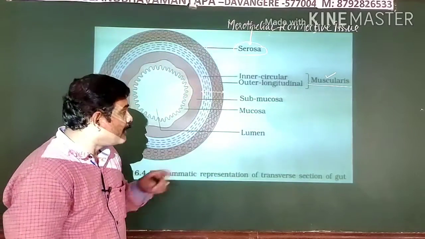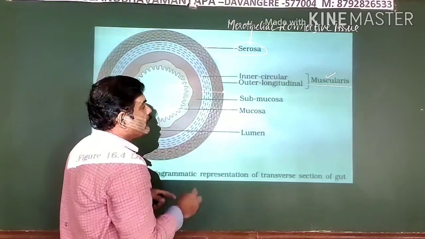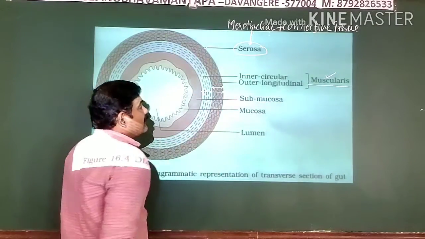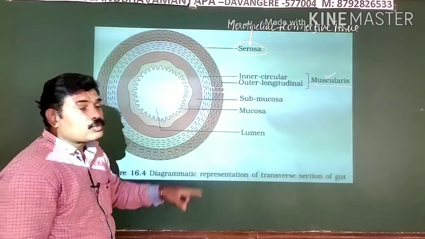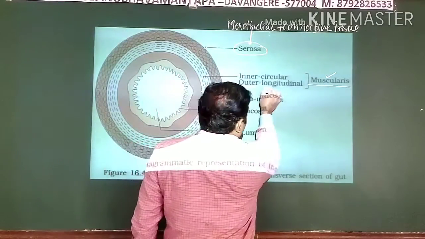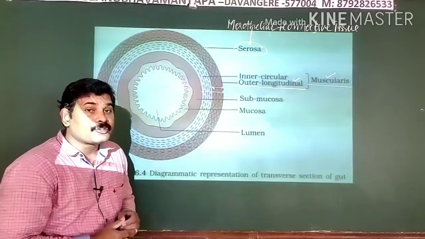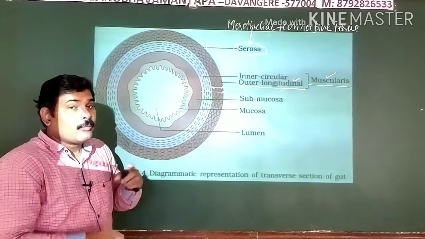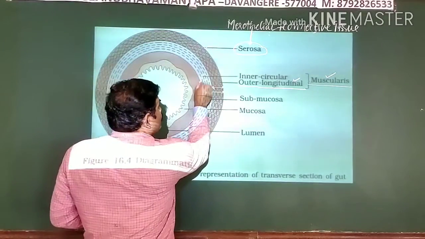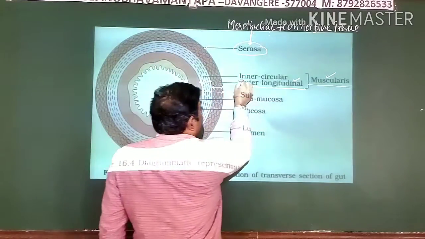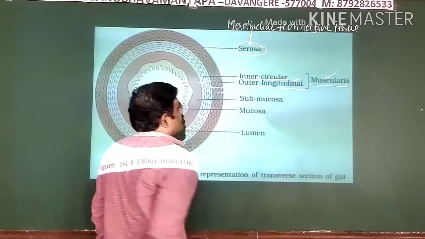When you see this, it has two regions. You can see the outermost region here, and these muscles are the outer longitudinal muscles. Whereas the inner portion of this layer, this area, is known as inner circular muscles.